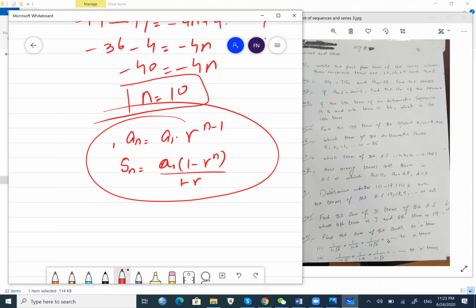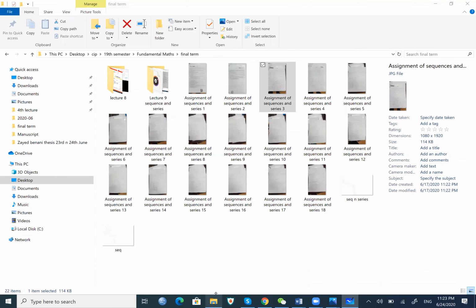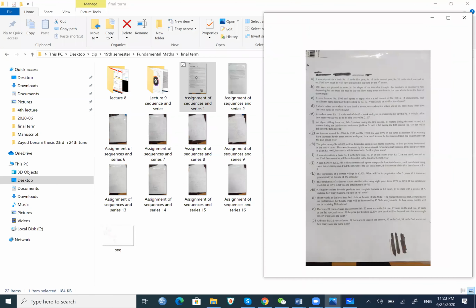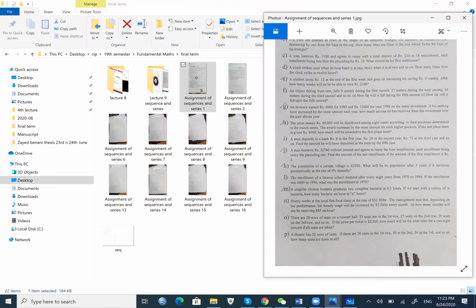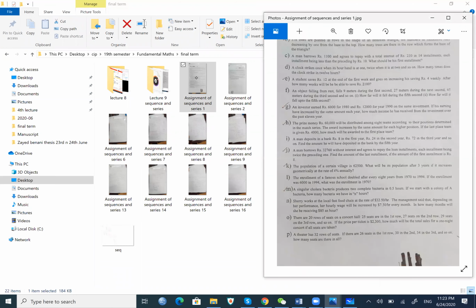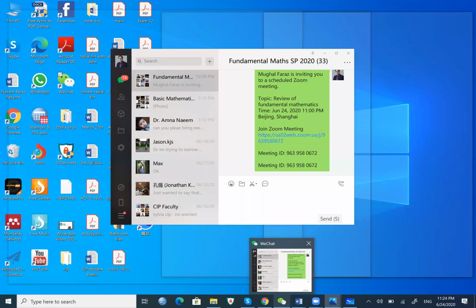Question J. I just couldn't find the answer that I had. It was a geometric series and the power. I did question J yesterday.